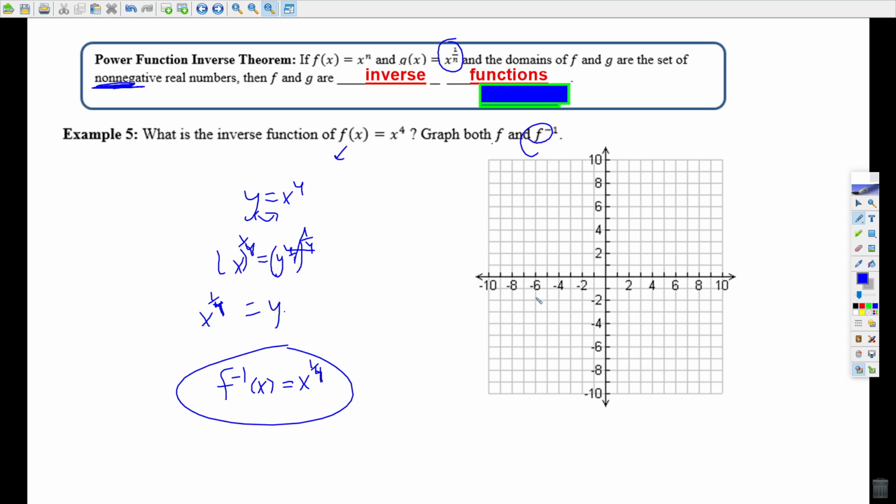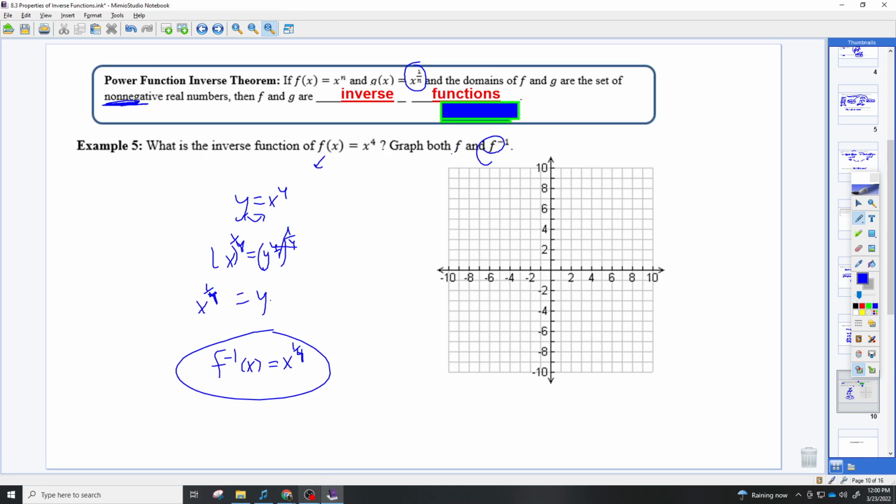And then I'm going to graph both of these so we can see what they look like. I don't think we've done these where we solved it and got the different powers here. So let's go ahead and open up Desmos.